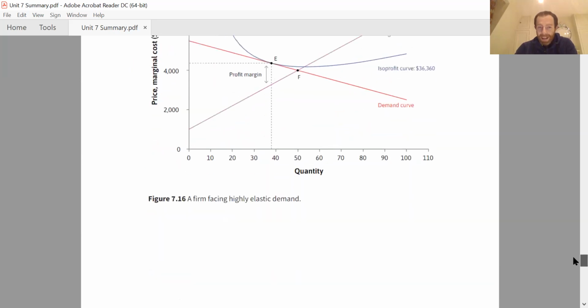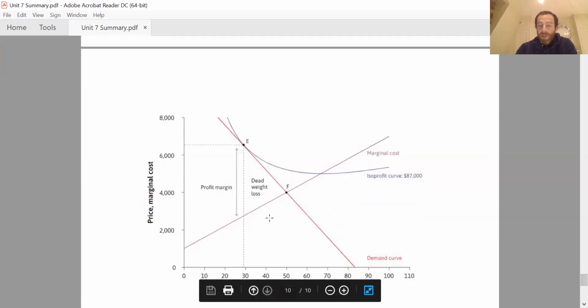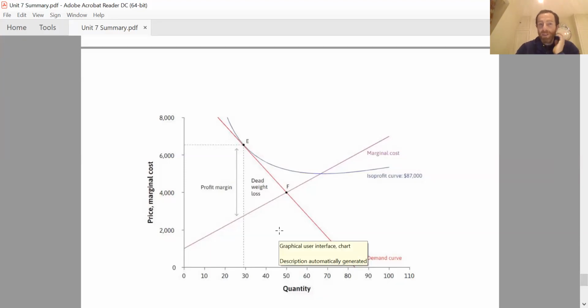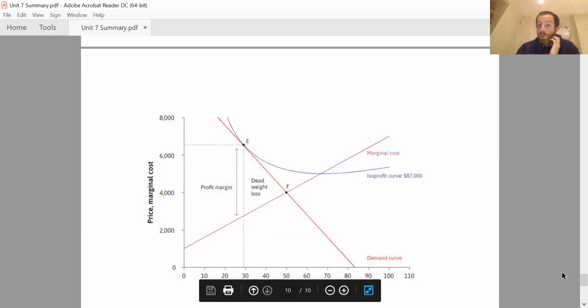Whereas with inelastic demand, the monopoly firm, or the firm with monopoly power, is able to make much better use of the fact that they have this inelastic demand. And you can see that the profit maximizing quantity here is further away from the Pareto efficient quantity, and it's also going to lead to a much bigger deadweight loss, a much bigger reduction in the total surplus compared to that Pareto efficient point.